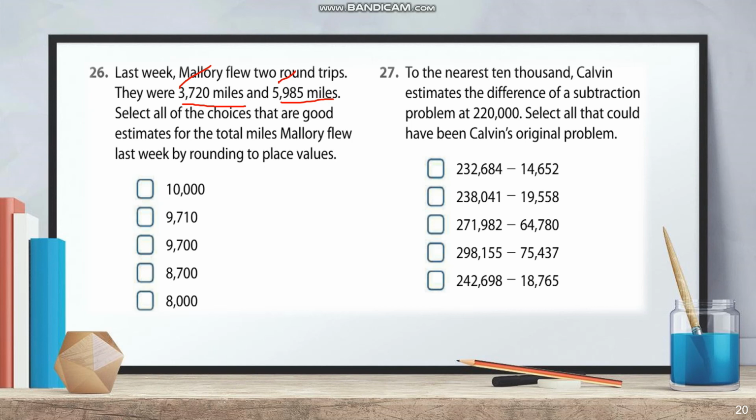So 4,000 plus 6,000 is 10,000. Another: if I round to the nearest hundred, this becomes 3,700 and this becomes 6,000. So 6,000 plus 3,700 is 9,700 also.